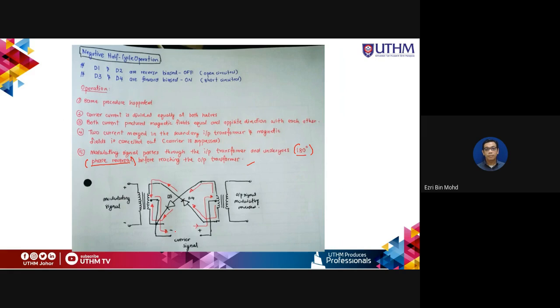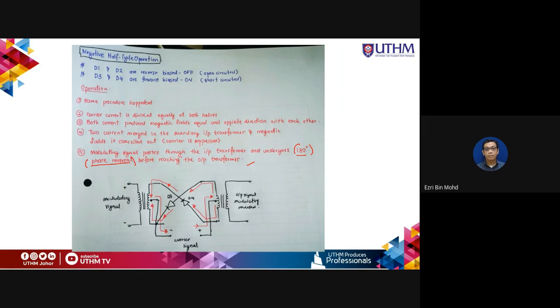The current flows from the negative terminal of the carrier signal to the positive terminal, to the center tap of the output, and then flows through D4 and D3, split equally.